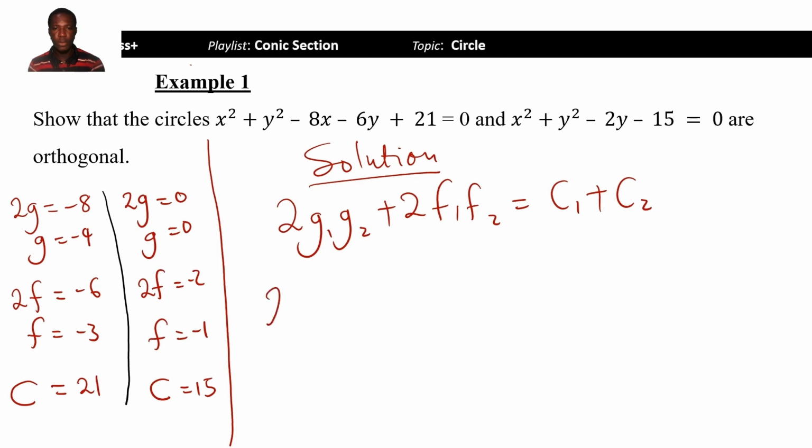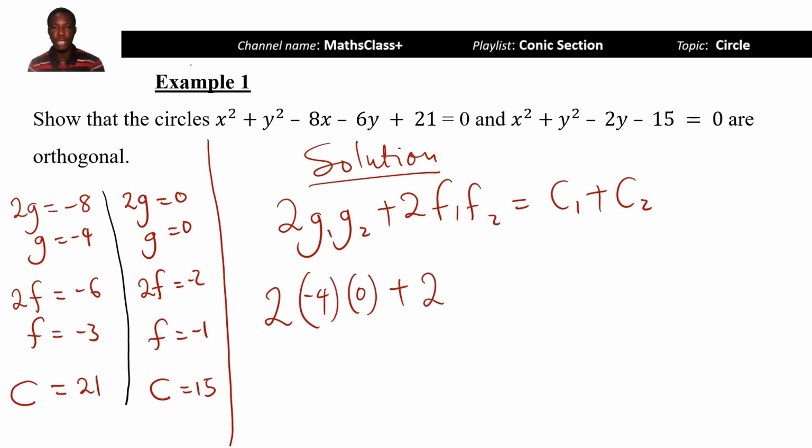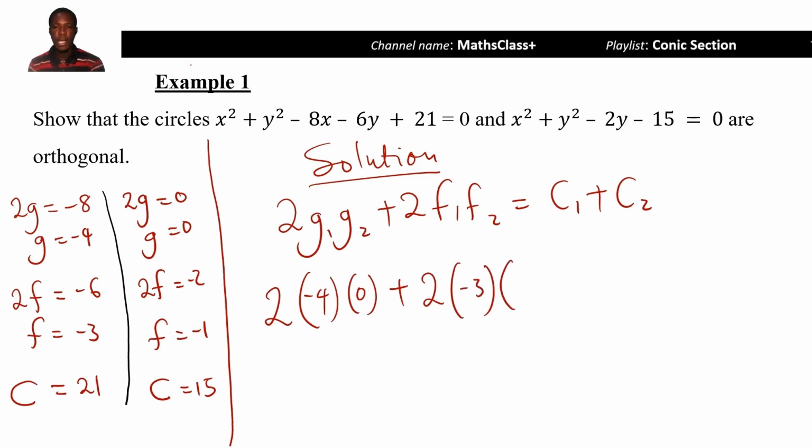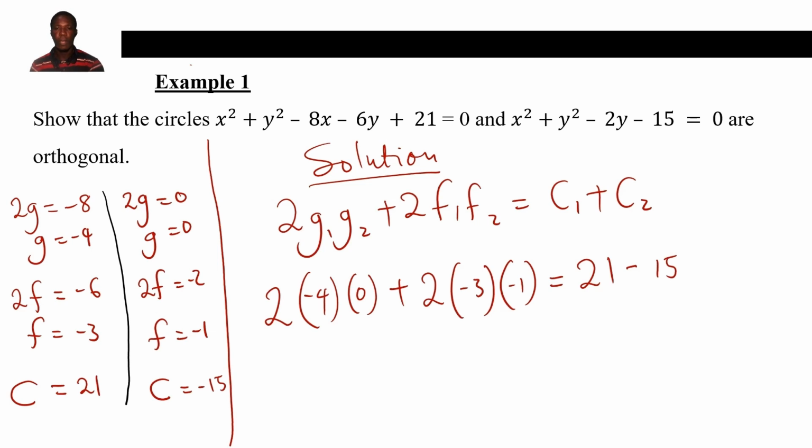Okay, so 2 times my J1, which is negative 4, but my J2 is 0. I'm adding it to 2 times my F1, which is negative 3, and my F2, which is negative 1. And that should be equal to 21 minus 15.